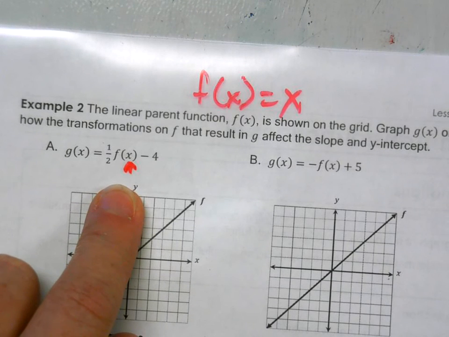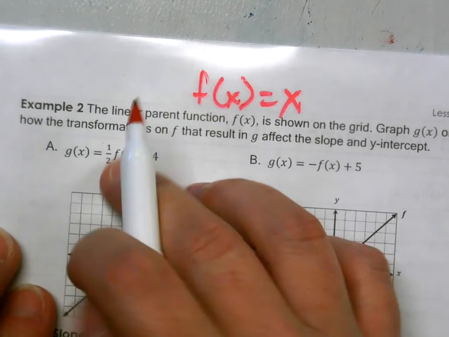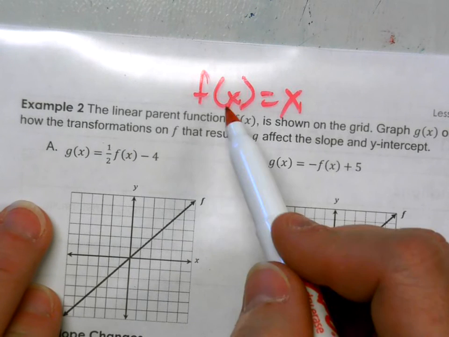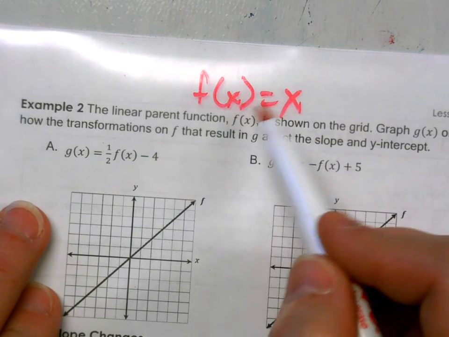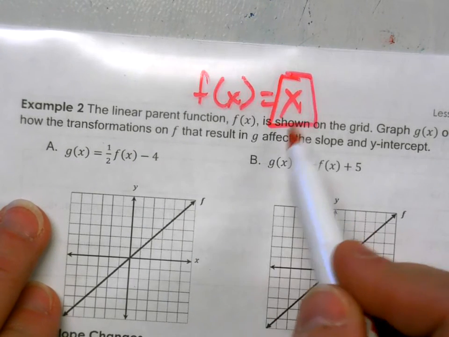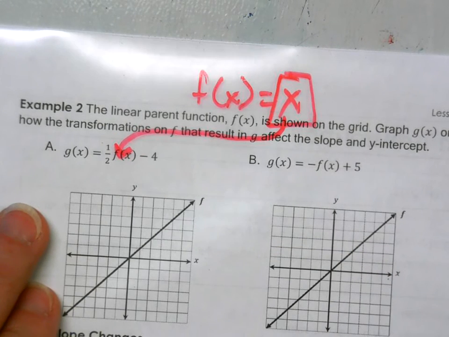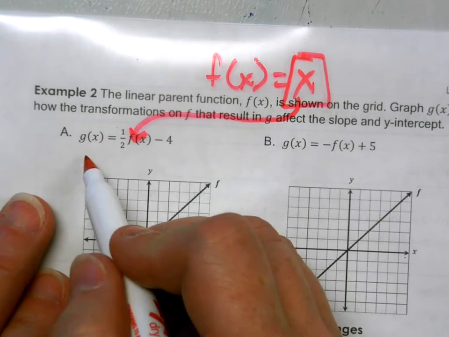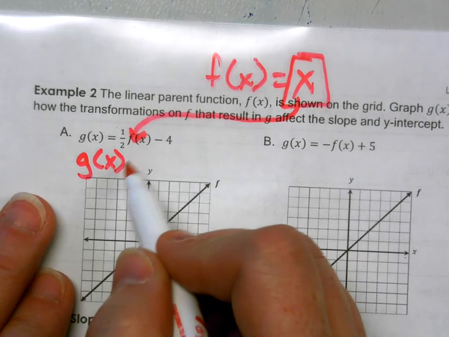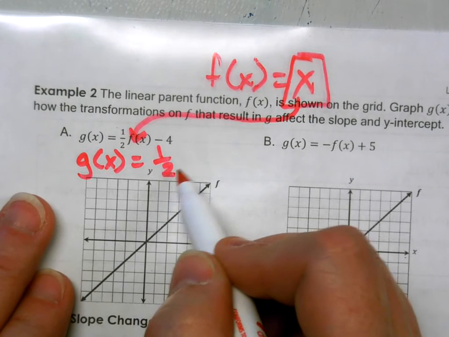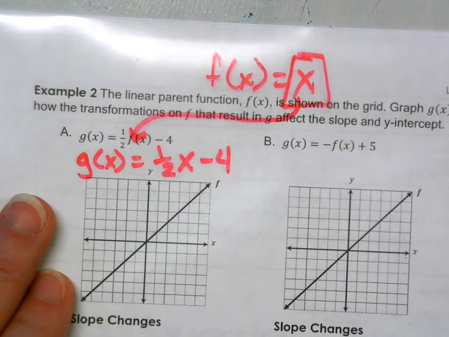No. If there's no changes inside the parentheses, then that means f of x stays the same. So I can substitute x right in there for that spot and make it look prettier. So I know what to do with it. So g of x equals 1/2 x minus 4.